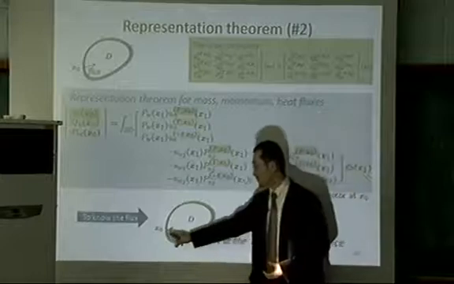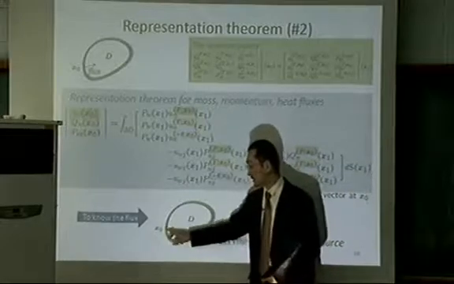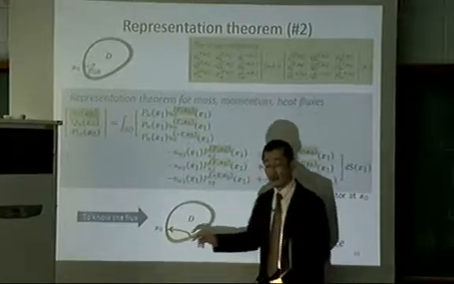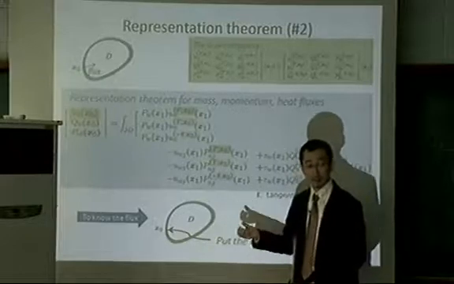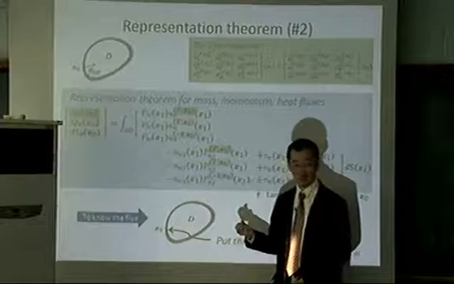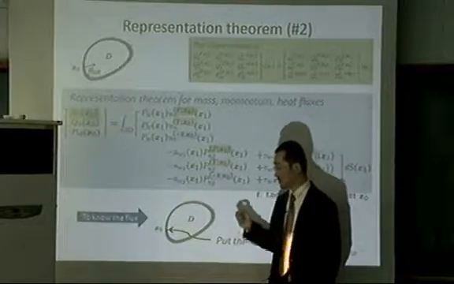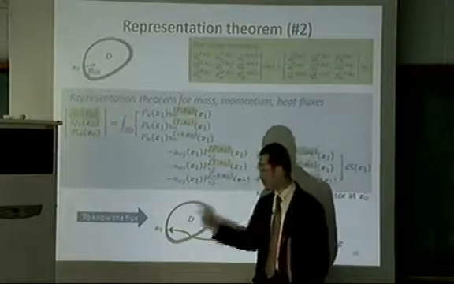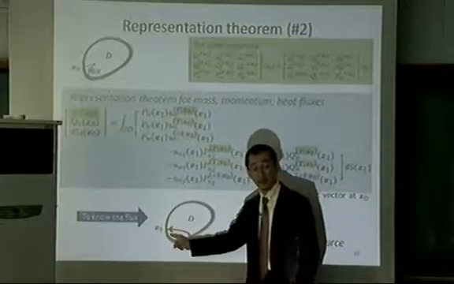And if you are interested in the mass flux here, then in place of solving the original problem, what you have to do is just put the mass source here and find the solution.